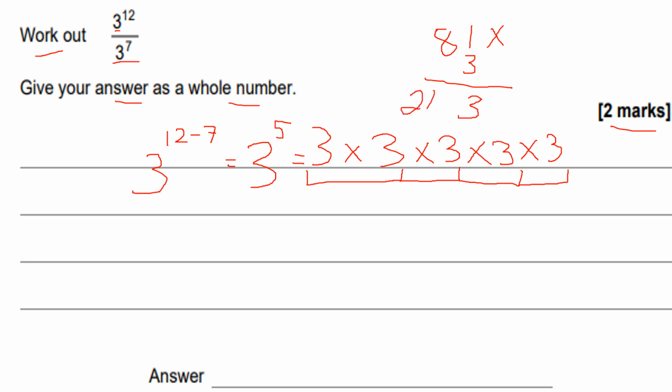So your final answer is 243. 3 to the power of 5 is equal to 243. 3, 9, 27, 81, 243. So that's my answer for this question.